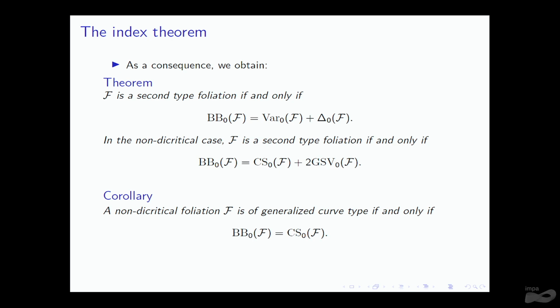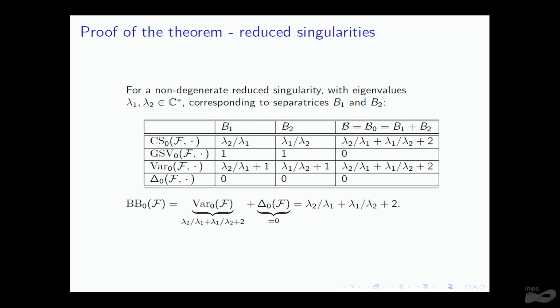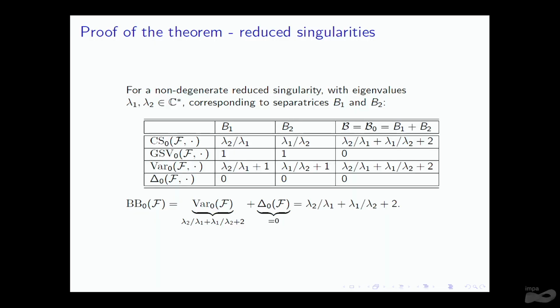I still have 1 minute, so just 1 minute to talk about the proof. The proof is we calculate these indices for reduced singularities. The calculations are in this table. This is an easy task. Here is for a non-degenerate singularity with eigenvalues lambda 1 and lambda 2.